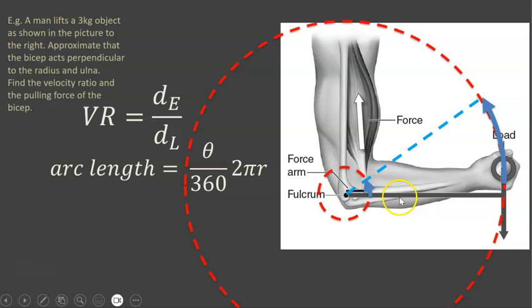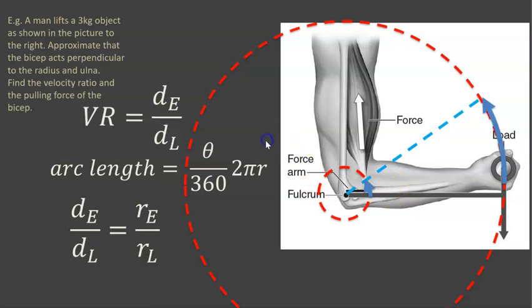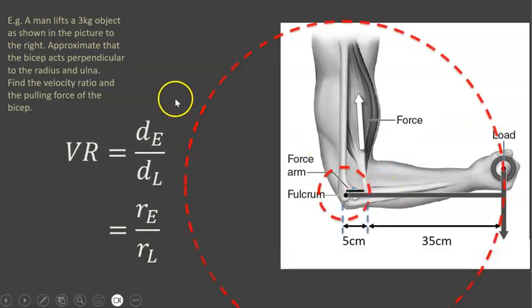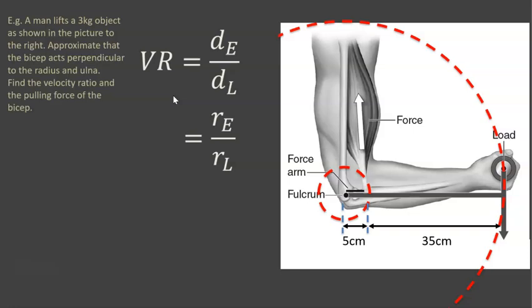The big circle gives the distance that the load moves, and the smaller one gives the distance that the effort moves. For the same angle, the fraction is the same, so I substitute: D_E equals all that times R_E, D_L equals all that times R_L. Taking the division of the two, all that stuff cancels out, leaving D_E over D_L equals the ratio of the radii. So there's my velocity ratio.